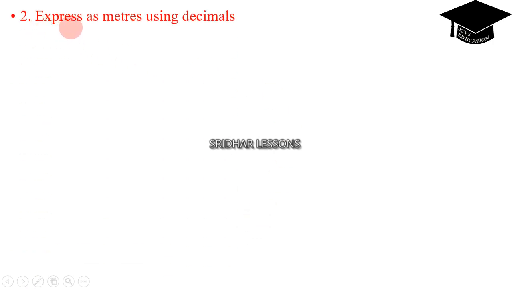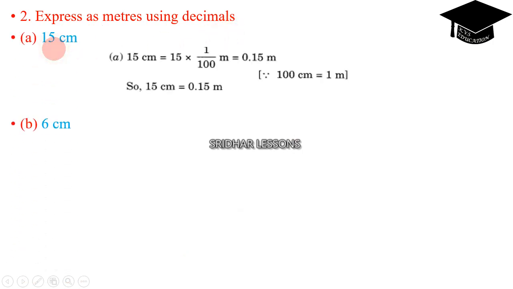Second problem, express as meters using decimals. 15 centimeters. 15 centimeters is equal to 15 into 1 by 100 meters, because 100 centimeters is equal to 1 meter.